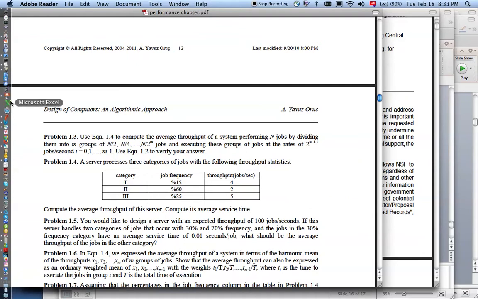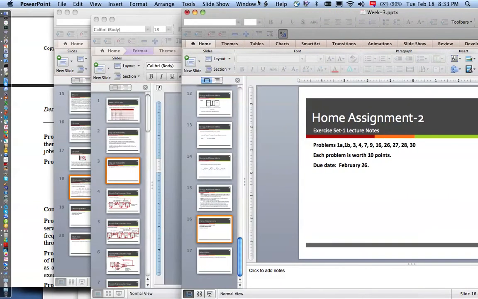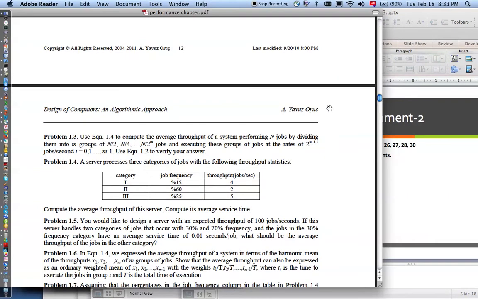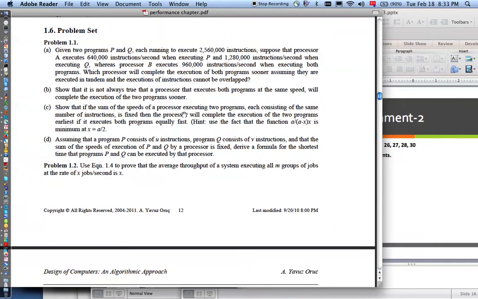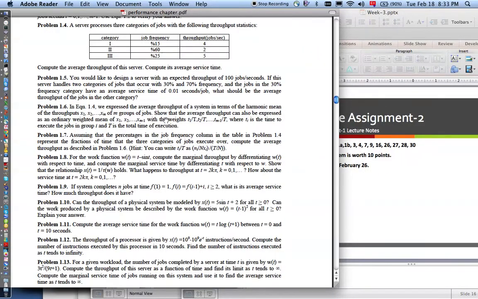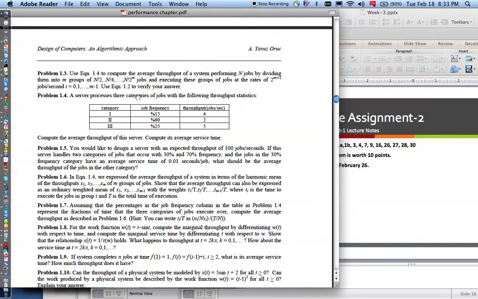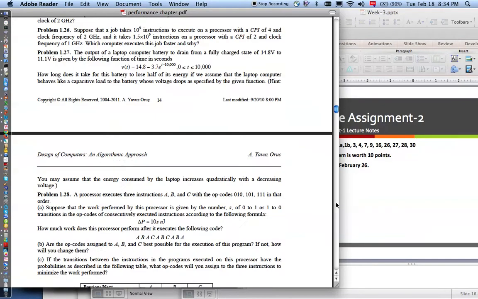As I was looking at the PowerPoint presentation, I said problem 1A, 1B, 3, 4, 7. Here's your 4, 3, and 4, and then 7, and it goes all the way up to 30. That last problem must be somewhere here.